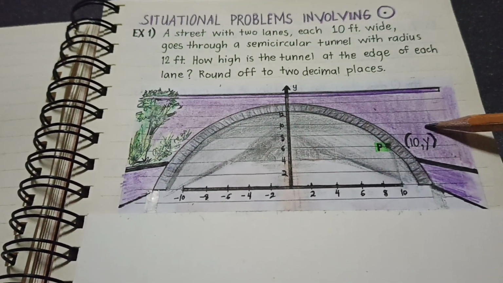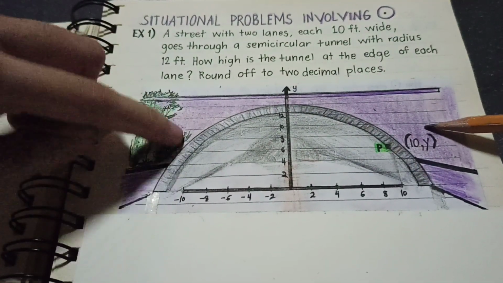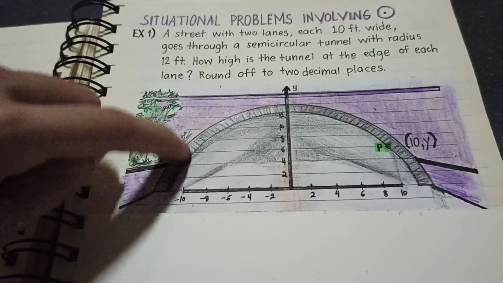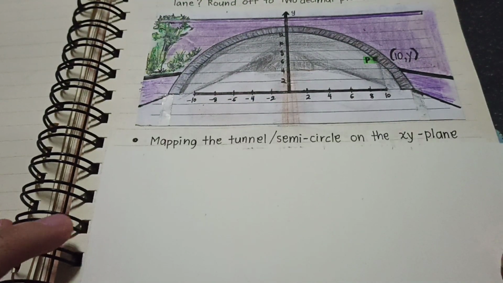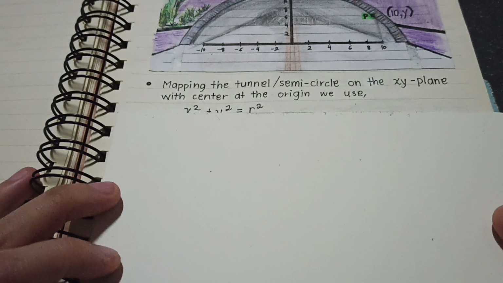And y represents the height that is being asked in the problem. I can actually use this left lane, but I'll stick to this one. If you use the left lane, you'll arrive at the same answer pa rin. So, mapping the tunnel or semicircle on an XY plane.